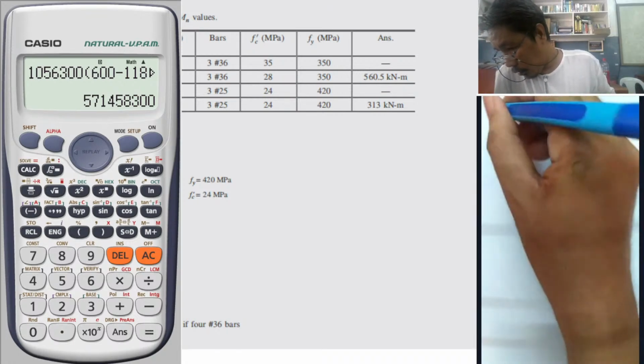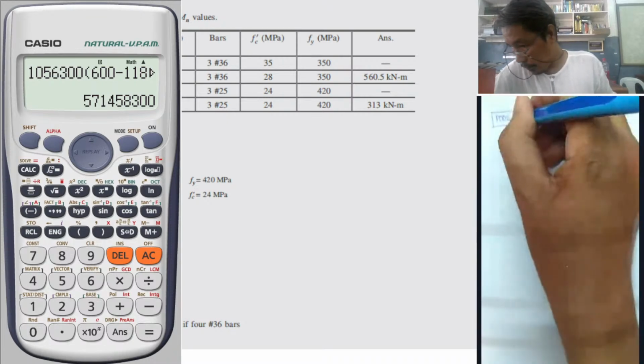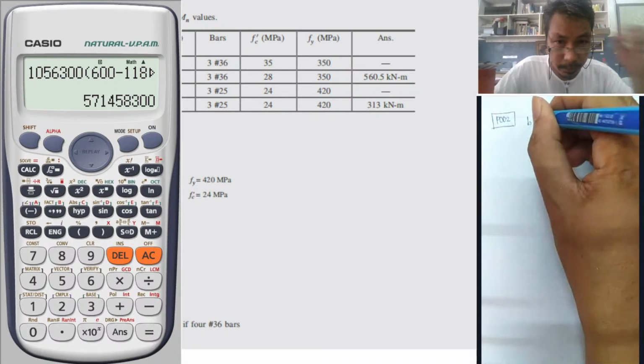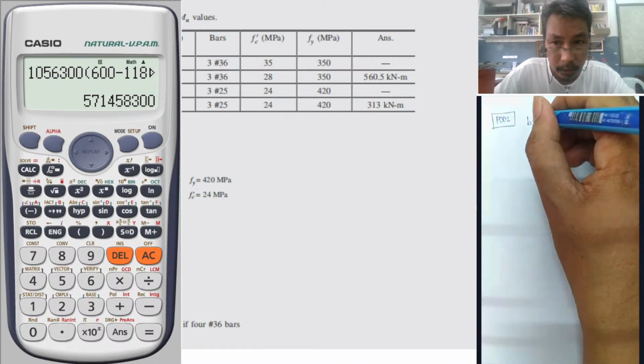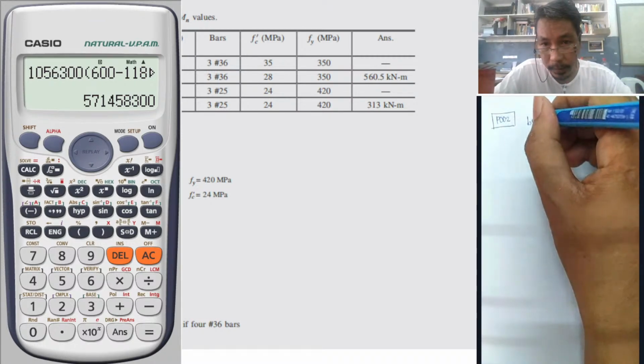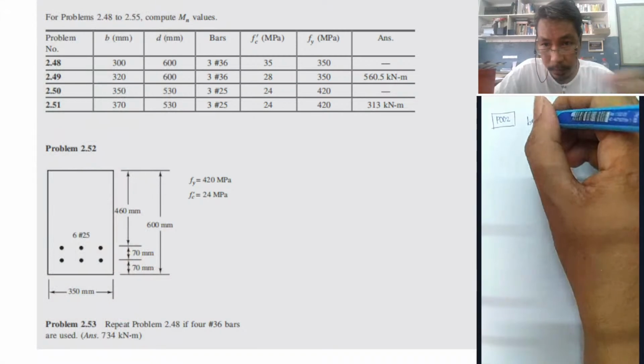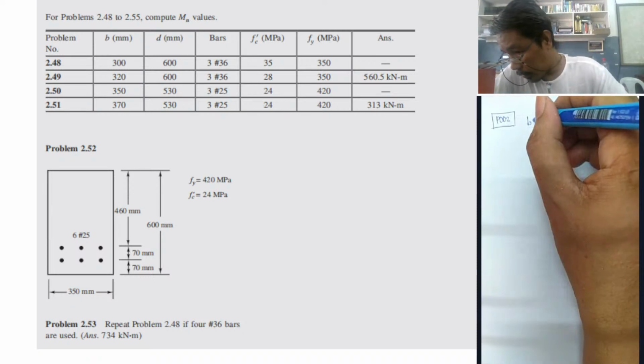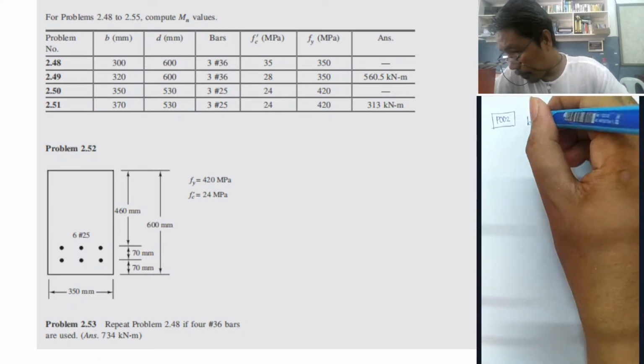So let us again write down the given. From your screen, you have 350.